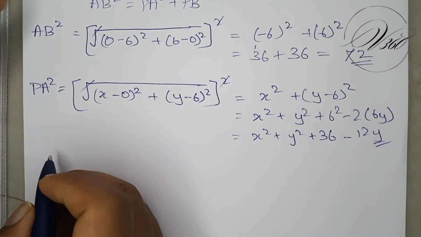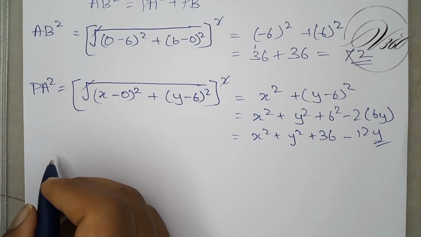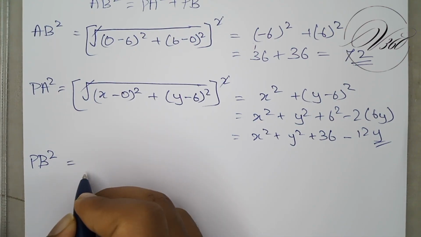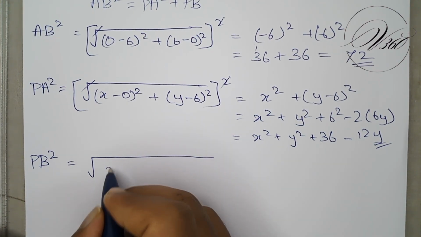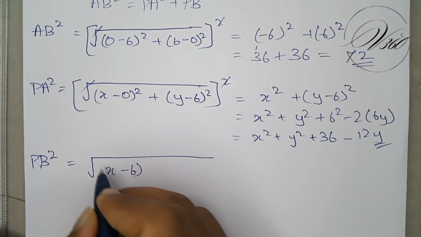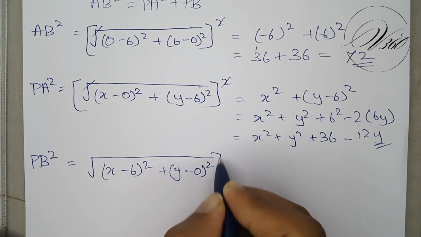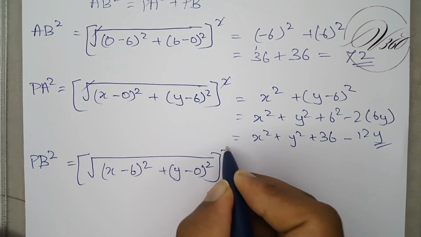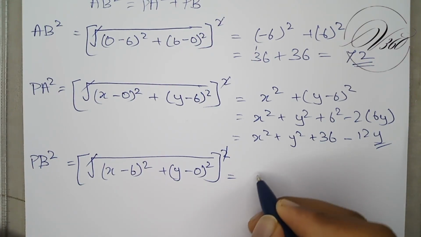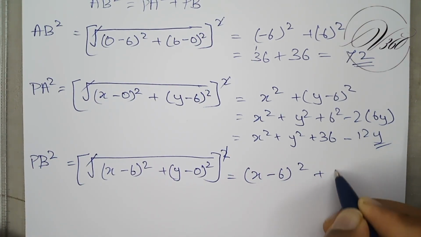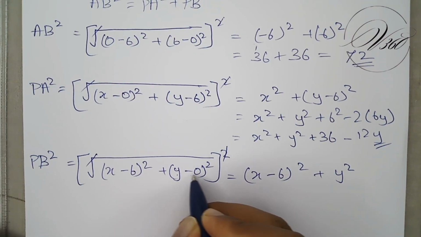Now we'll find PB square. PB square is under root x minus 6 whole square plus y minus 0 whole square, which is under a square root. Now squares and roots get cancelled. Now here we will get x minus 6 whole square plus y square, since y minus 0 is y.